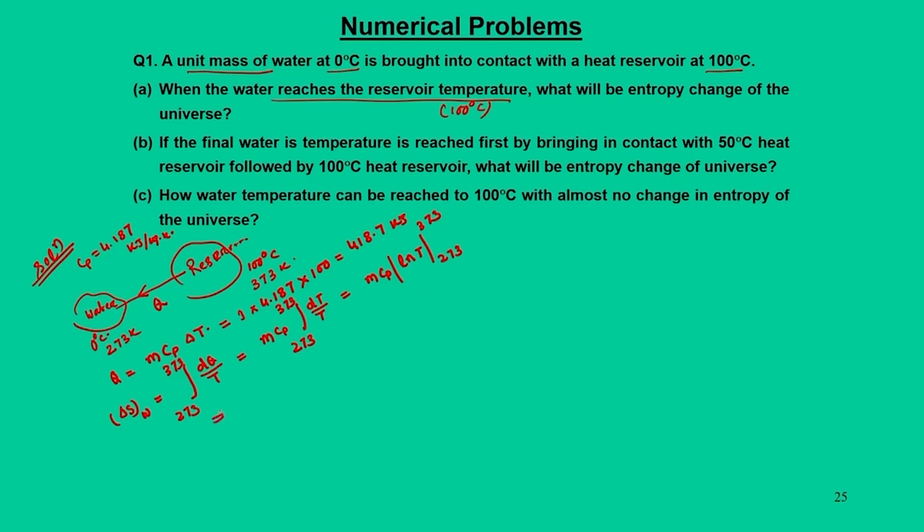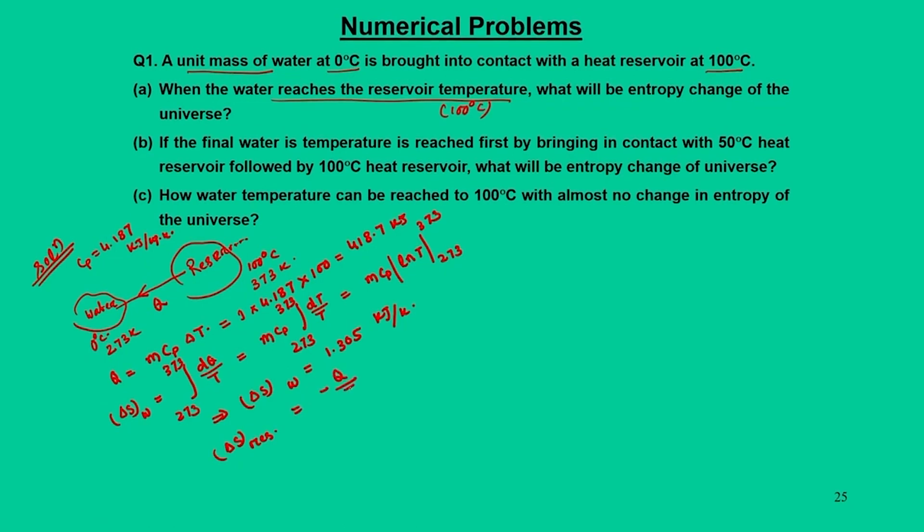So, this value, delta S W, we can write as 1.305 kilojoule per Kelvin.